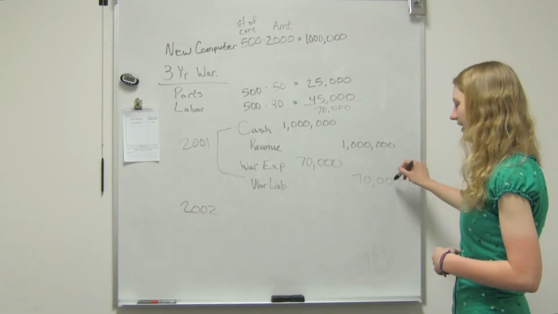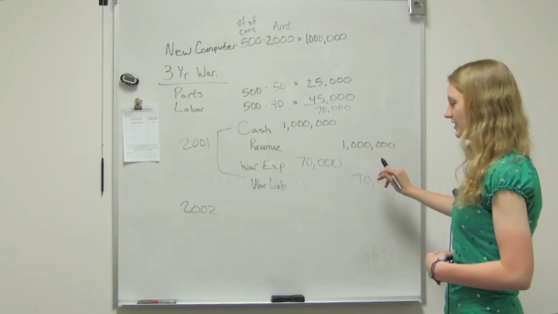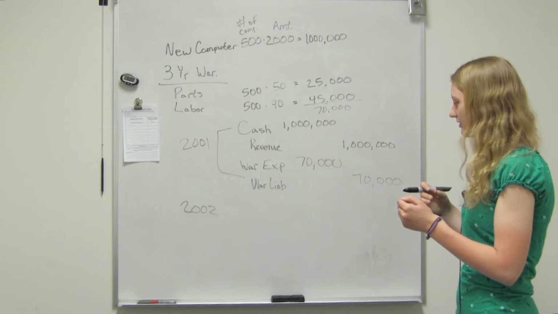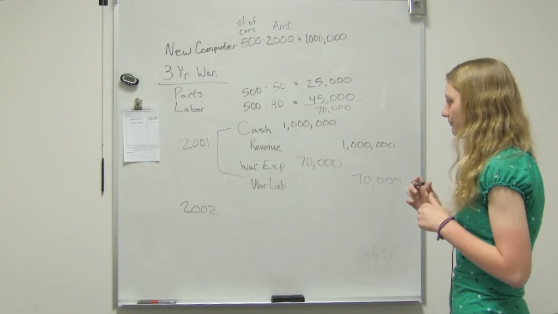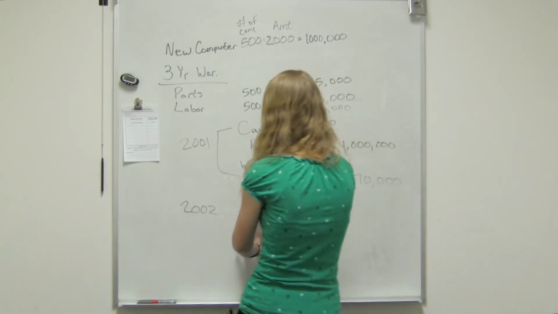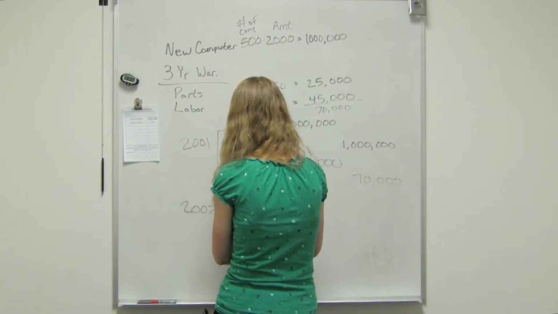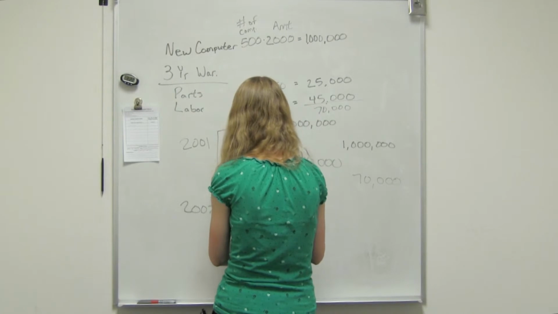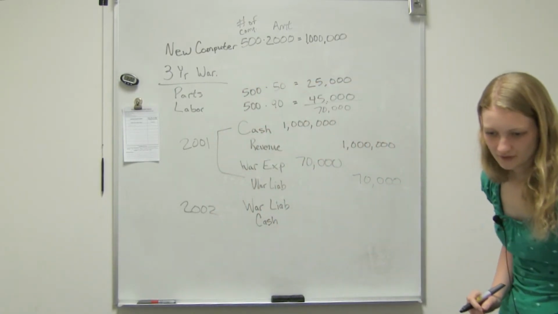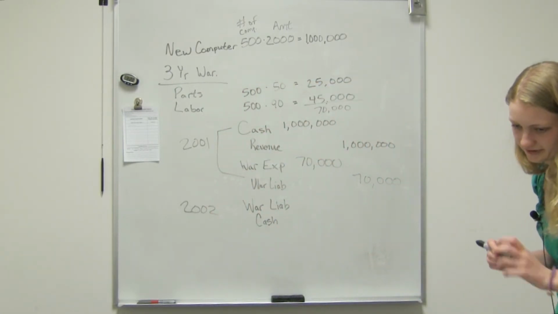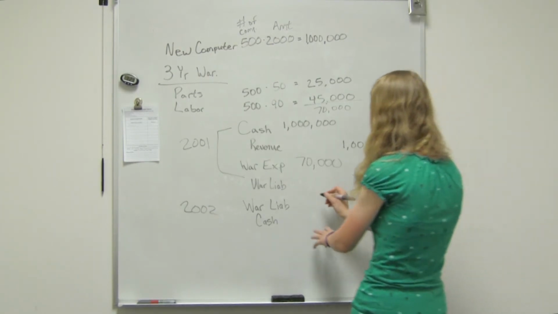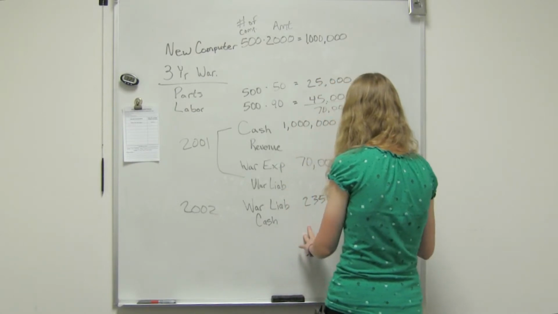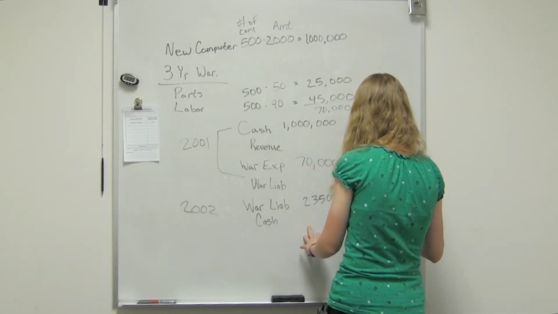And so we're going to take that out of this 70,000, because they estimated this amount, and then we have to figure out how much they've actually used. So we're going to do that in 2002? Mhm. So we're going to debit our warranty liability and credit cash for 23,500.